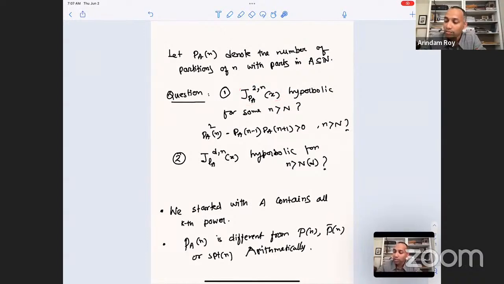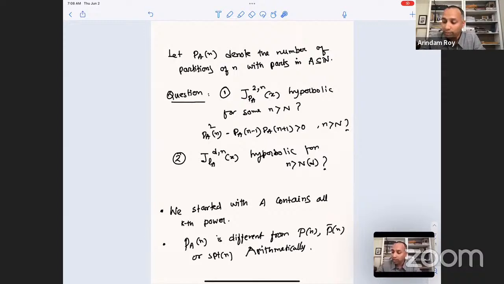The question is, are there hyperbolic? So remember that for any A, there are some A's, subset A, P_A kind of lose some structure.